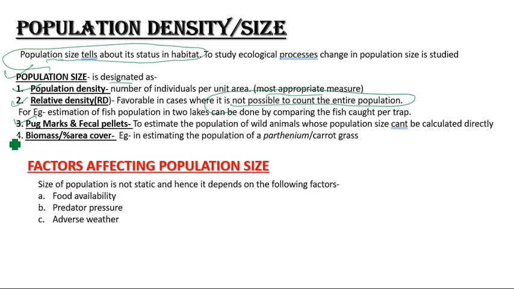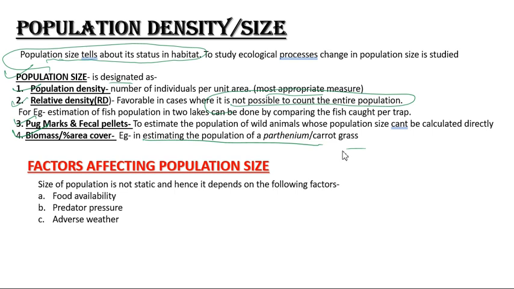Next is biomass and percentage cover. Example: estimating the population of Parthenium and carrot grass. Suppose you need to know which one is higher, Parthenium grass or a banyan tree. You can't go and count the number of banyan trees or the number of Parthenium growing in the field, right? What you will observe is up to what extent the Parthenium is spread, or up to what extent the banyan is spread.